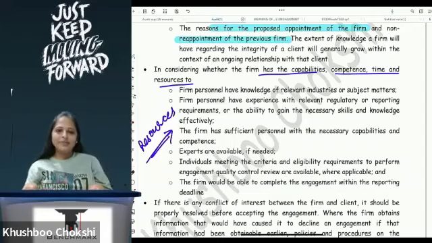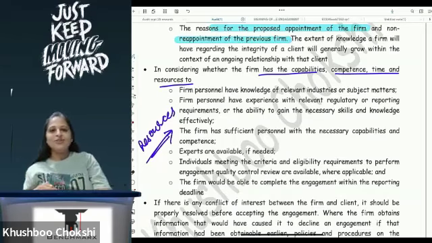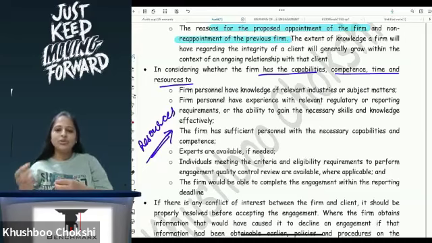So here they are looking at people who have the relevant sector knowledge, plus the knowledge of the legal and regulatory requirements. When I was working with them also, we used to interact with a lot of CAs. A lot of CAs used to come to us saying कि काम दे दो, but जब उनको business समझाते हैं, saying that this is what we do, वो गोल गोल घूमते हैं. They don't really understand.